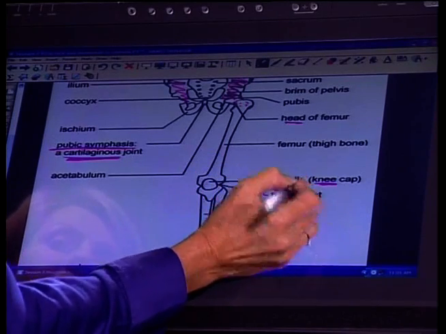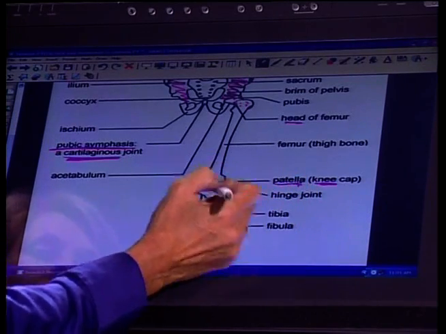But if that kneecap wasn't there, imagine bending your knee, and you know how you have the funny bone at your elbow? Can you imagine having that kind of nerve exposed every time you bent your knee? You wouldn't be able to walk. So the kneecap is there to protect that hinge. The kneecap or the patella, and here we have a hinge joint as well.